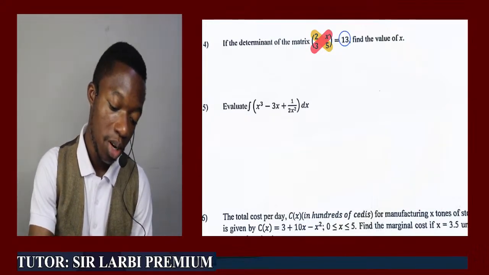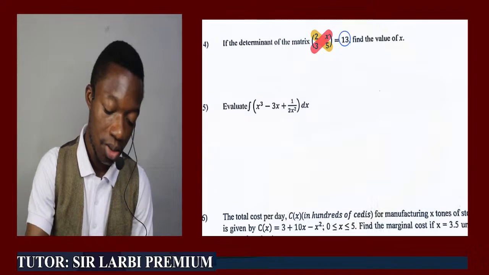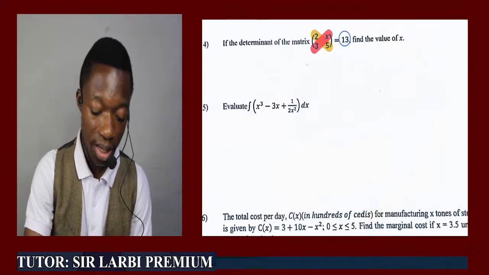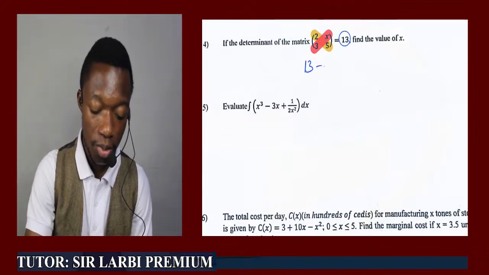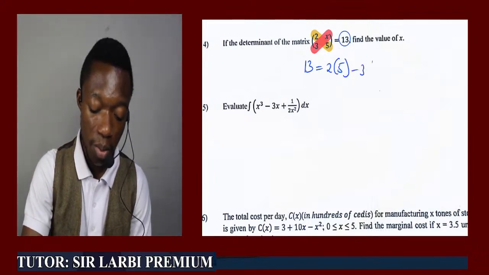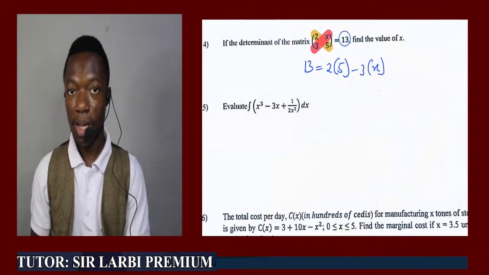So we can say that 13 should be equal to the product of the downward, 2 multiplying 5, minus the product of the upward, 3 multiplying x.